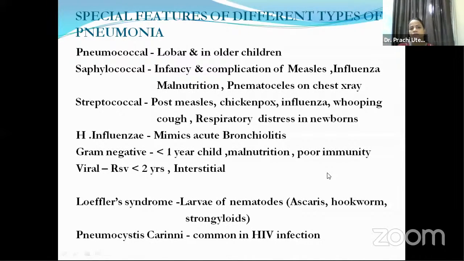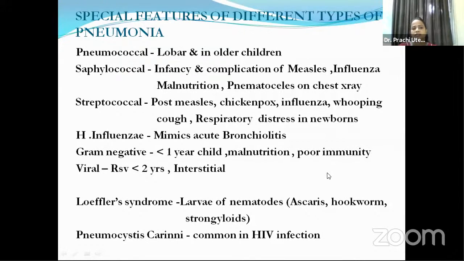Gram-negative bacterial infection is usually seen in less than 1 year, and malnutrition and poor immune status of the child is also another factor. Viruses, we have seen the respiratory syncytial virus is very important, in less than 2 years, and it has an interstitial pathology.